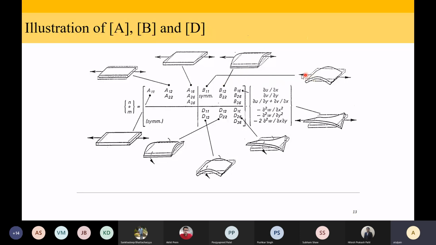The resultant traction is in this direction, but it is due to bending, like you can see in this figure. Similarly, you have twist leading to normal traction. Therefore, this is the coupling. It is coupling the curvature with the normal traction. Is this clear?